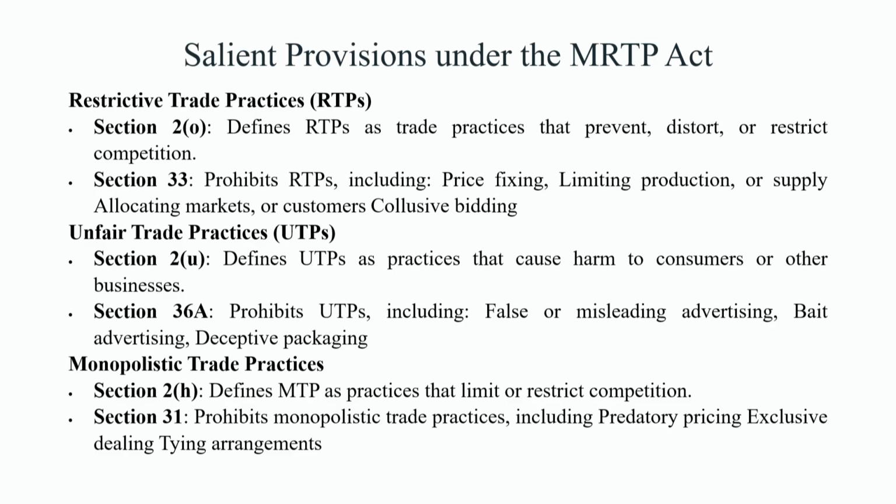Unfair trade practices were defined in section 2 subclause U of the MRTP Act as practices that cause harm to consumers or other businesses. Section 36A prohibits unfair trade practices, and includes false and misleading advertisement, bait advertisement and deceptive packaging.